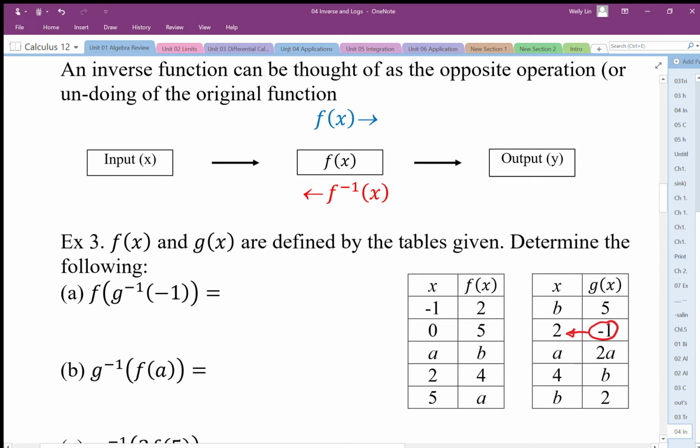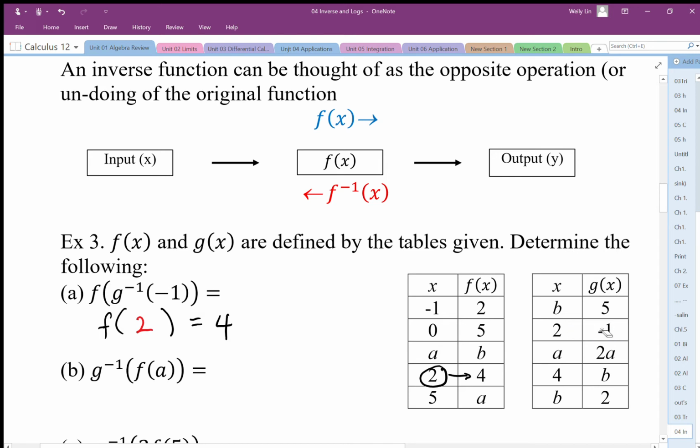So this works out to be f of g inverse of -1, which is going to be 2. And then I can work out my f value from the table. So 2 maps onto 4. So the answer is 4.